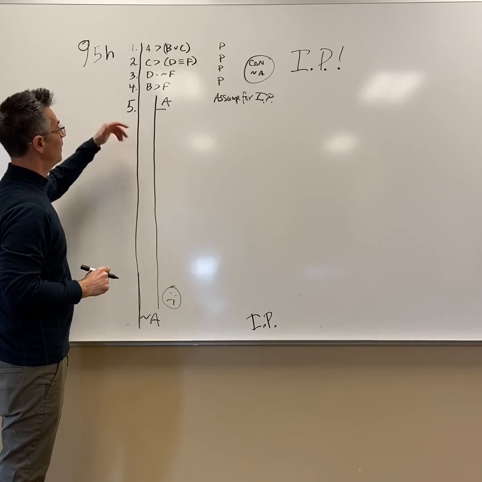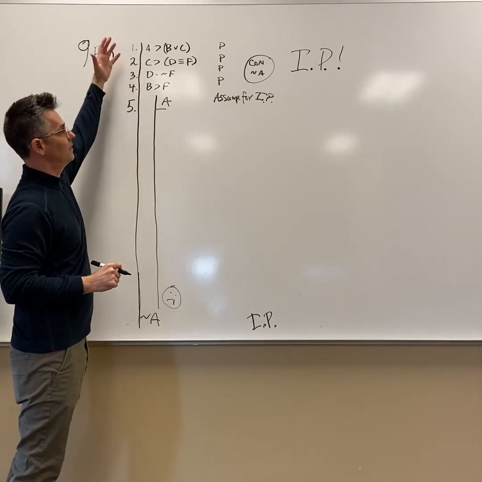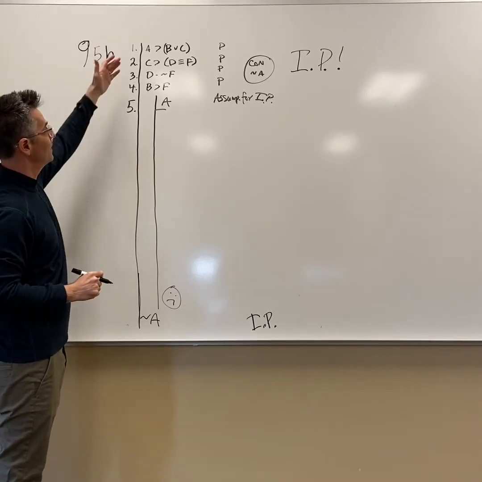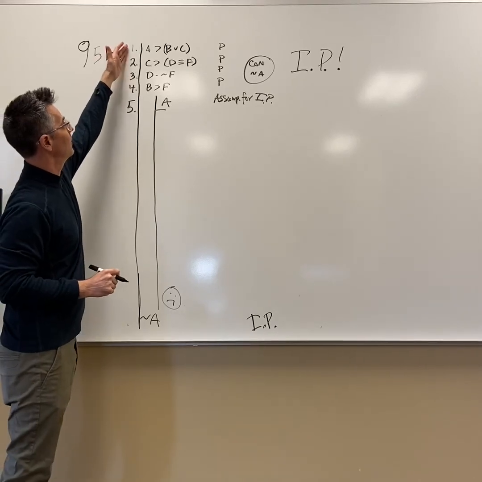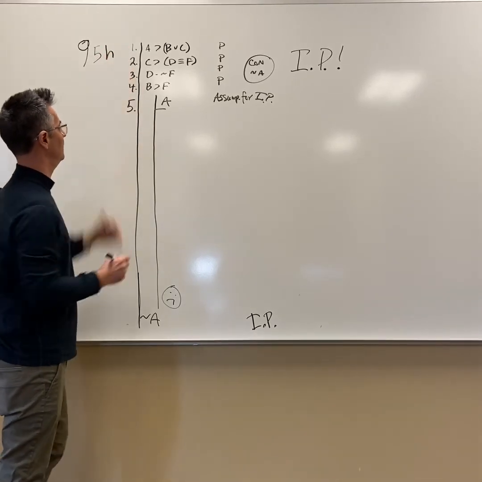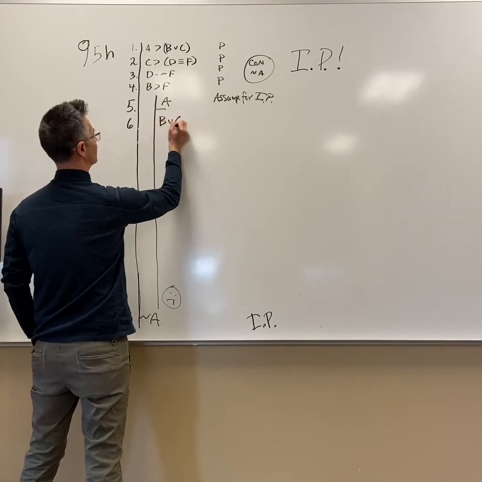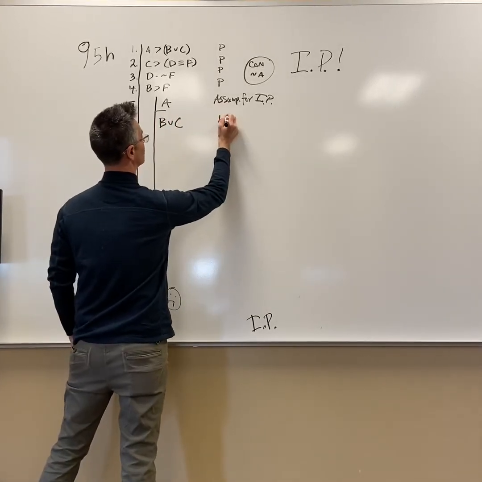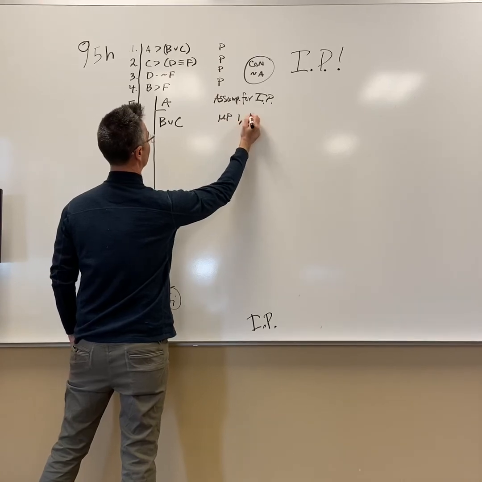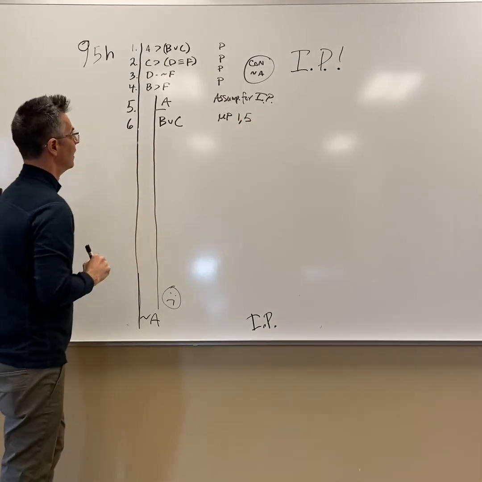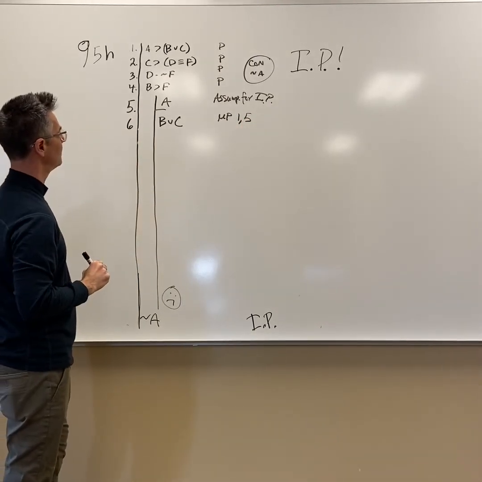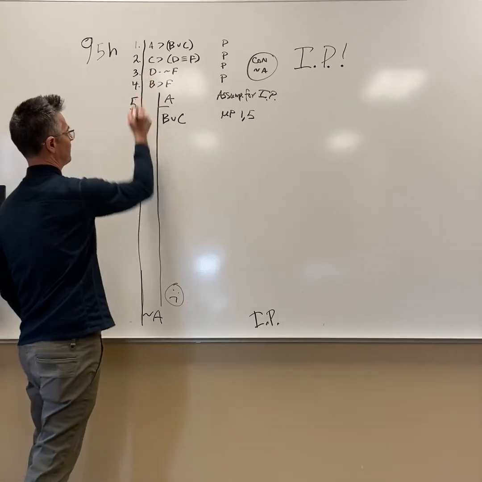Now what? Remember that the stuff that's above and to the outside is available. So we go back and look at line 1. It's clear that we can use a modus ponens on that, so that gives us B or C as a standalone piece. That's modus ponens, lines 1 and 5. Now what? We've also got step 3.